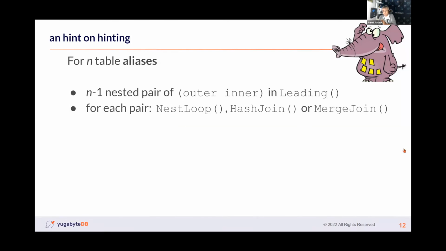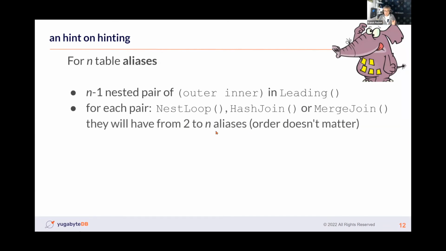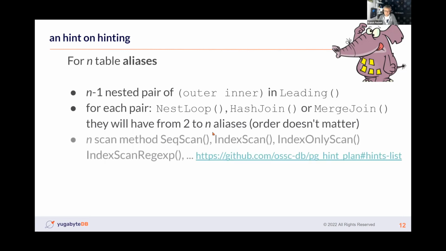For each pair, you will have a join method. The first one will have 2, the second will have 3, up to n aliases. And then because you have n aliases, if you want to force the access path to them, you will have n scan methods.